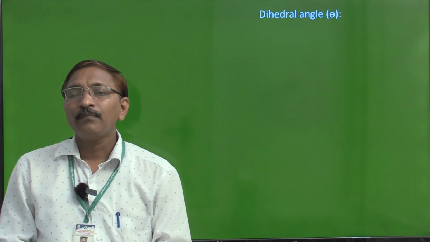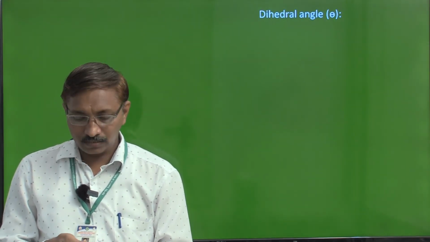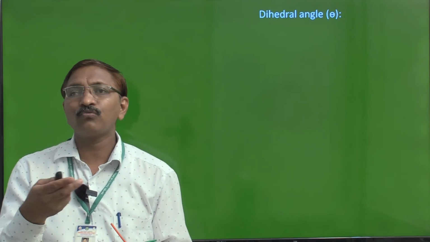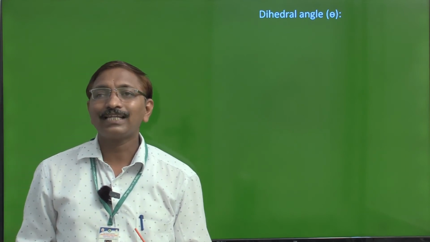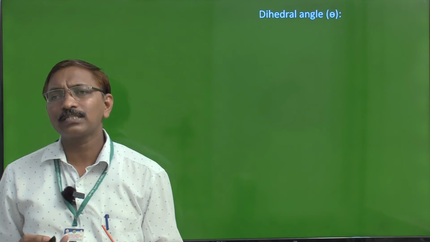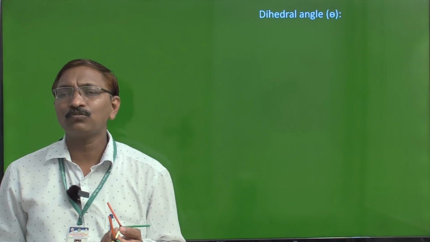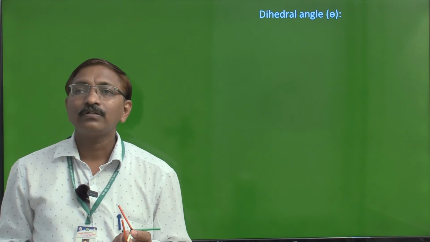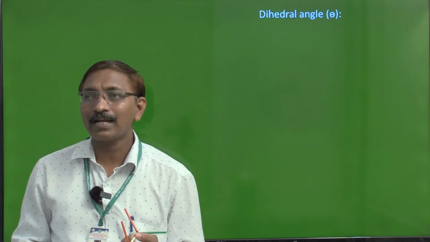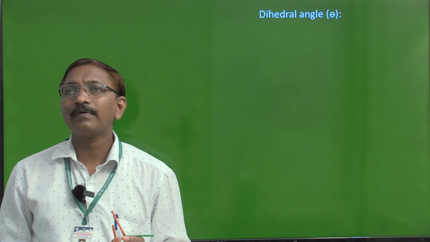Now, before we see the next part in detail, we are going through one new term, the dihedral angle. Up till now we have observed the simple angle, when two bonds are attached, which is a normal angle. Here we have a new term, the dihedral angle. What is meant by dihedral angle?